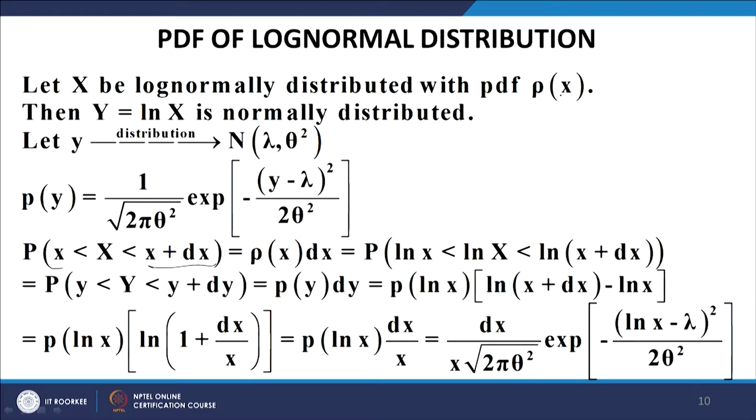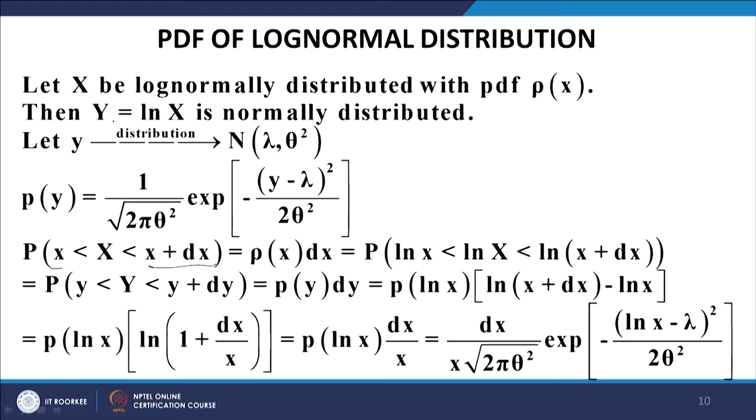Rho x into dx must be equal to what? Now x is equal to... y is equal to log of x, right. So, if x is to lie between small x and x plus dx, that means y is to lie between log of small x and log of small x plus dx, because y is equal to log x, and log x is a monotonic function of x.